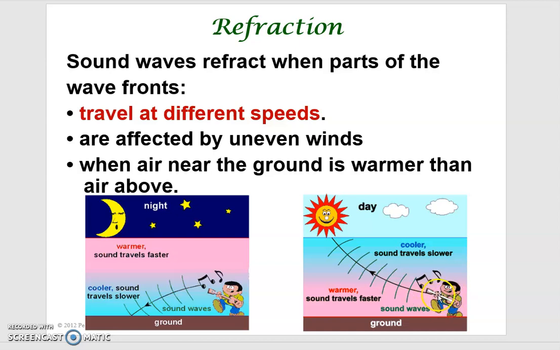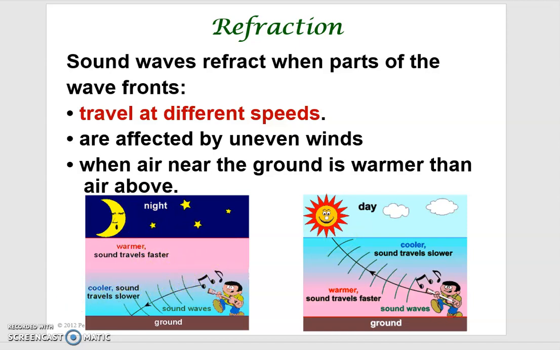So when you are singing, the sound wave will propagate outward, but now it is traveling from a high speed to a low speed. That's the reason that it is bent. So during the daytime it is bent upward, and during the nighttime it is bent downward.